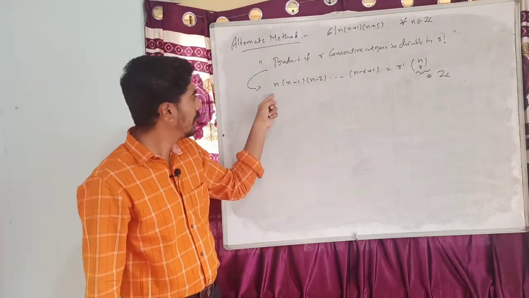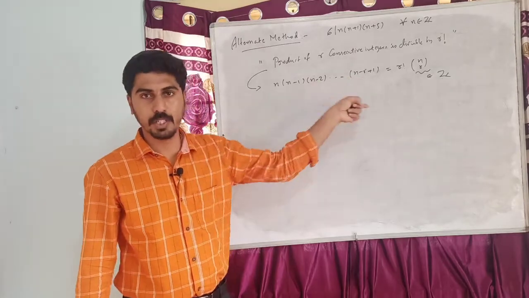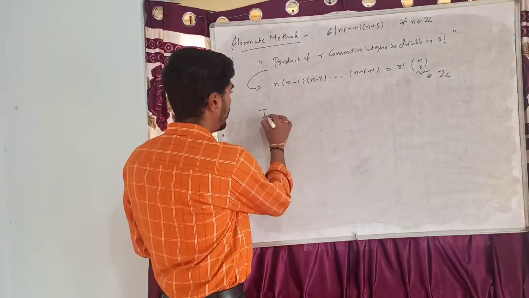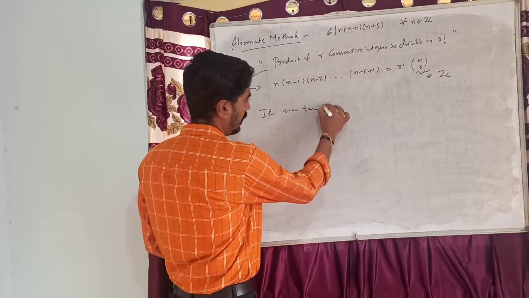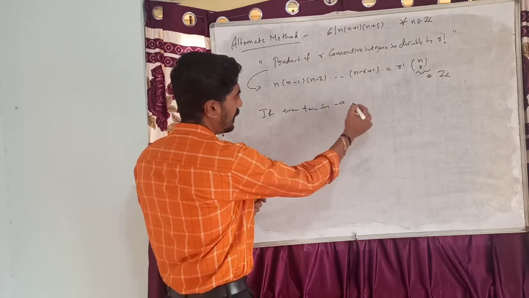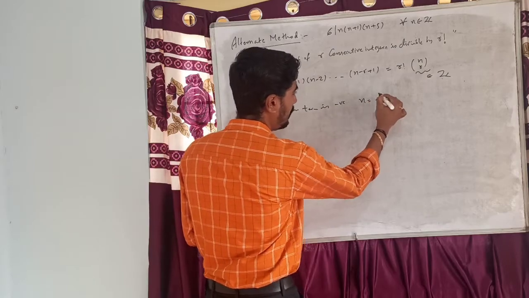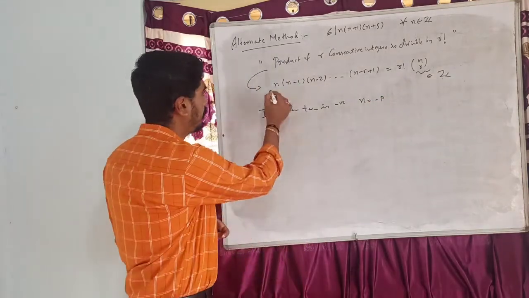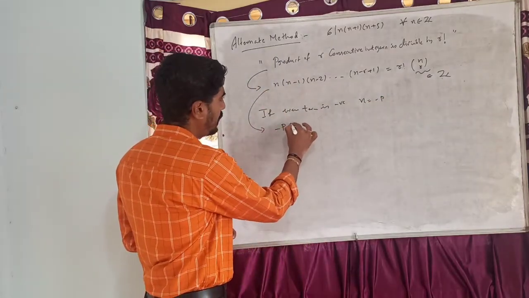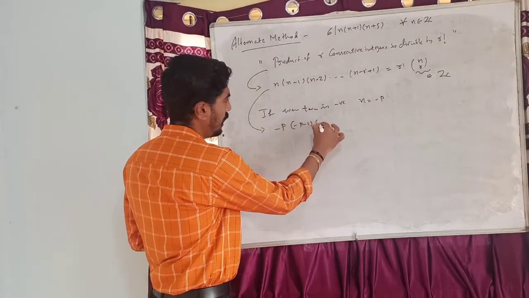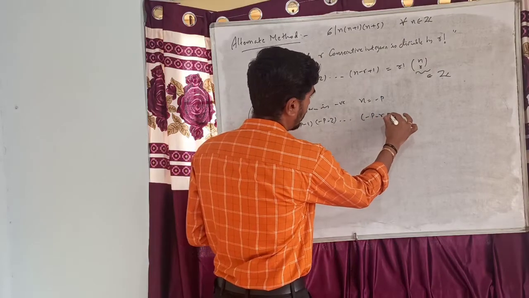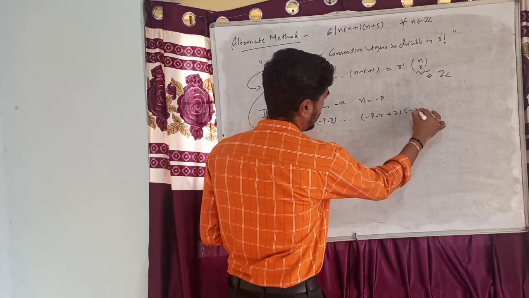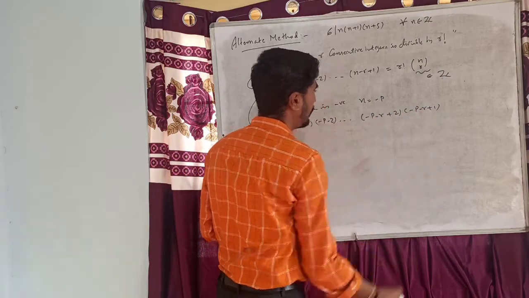This is true when every term is positive. If every term is negative, then I can take n equal to minus p where p is positive. So this becomes minus p into minus p minus 1, minus p minus 2, and so on, up to minus p minus r plus 2, minus p minus r plus 1.